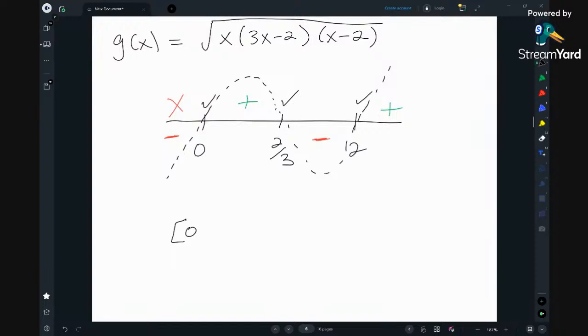And we're allowed to use 0, so it's a square bracket until we get to 2/3, which we are allowed to use. So we use a square bracket. Union 2 to infinity. And that's the domain of that function.